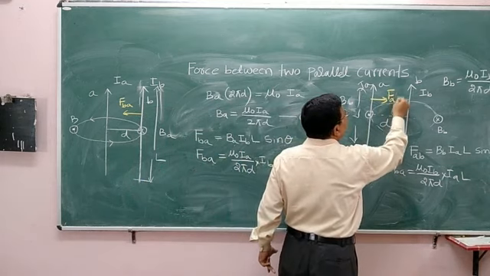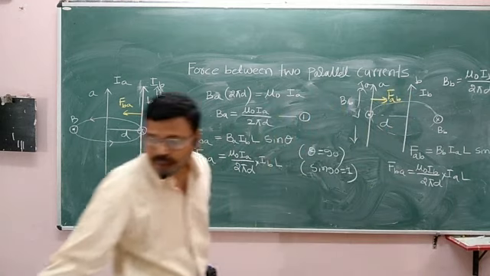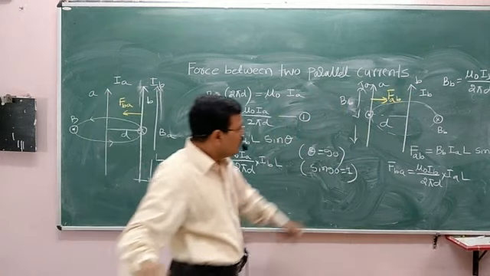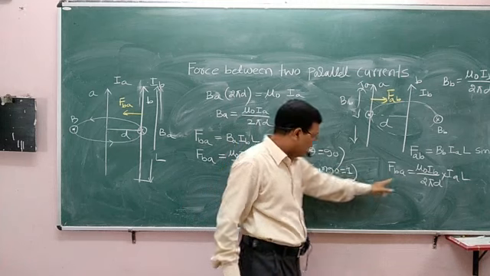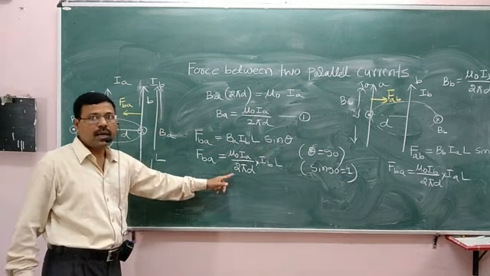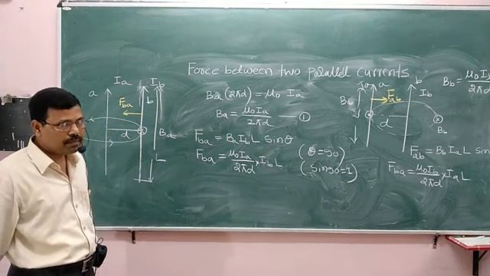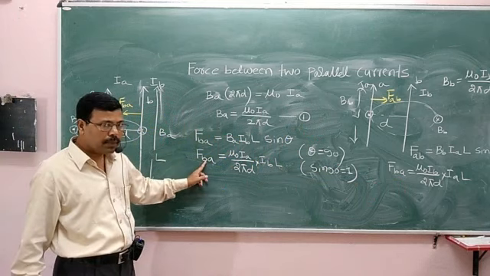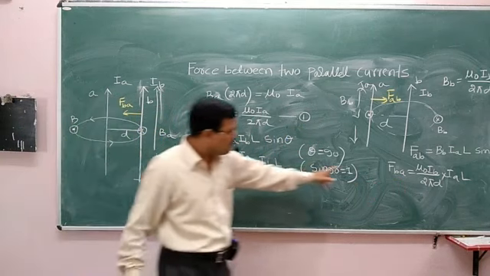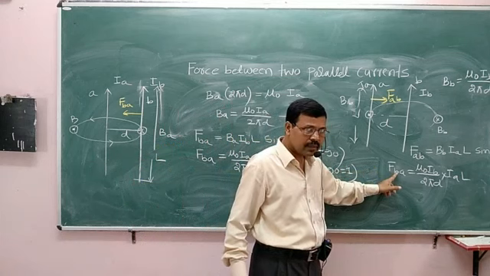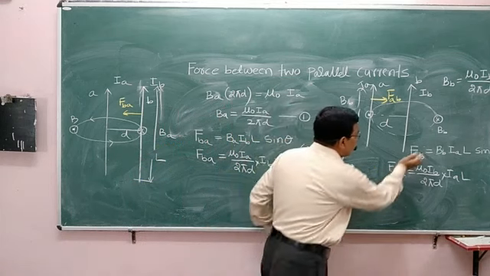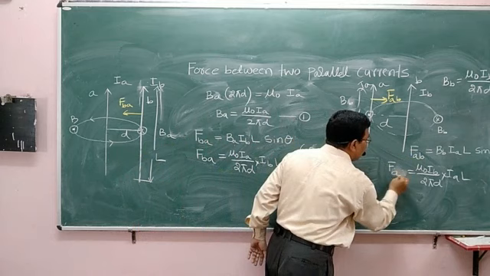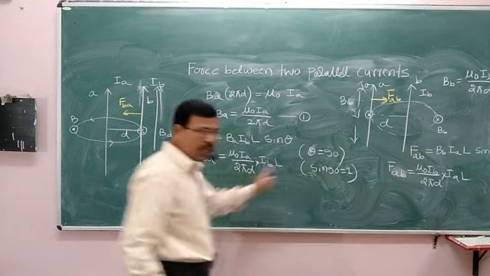Force acting on A by B. Now, this equation and this equation appear to be the same. Force acting on B by A and force acting on A by B are both the same.